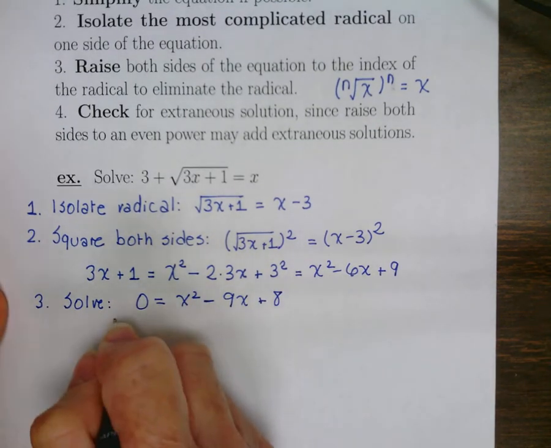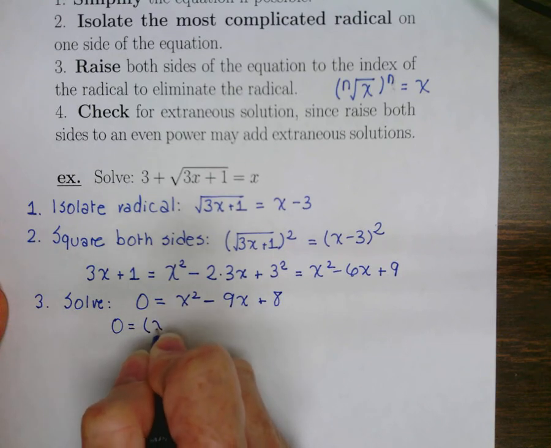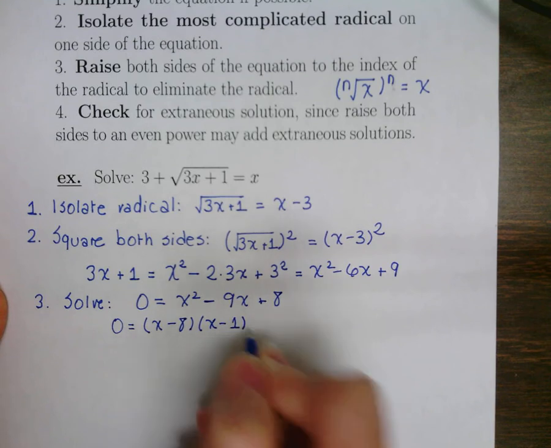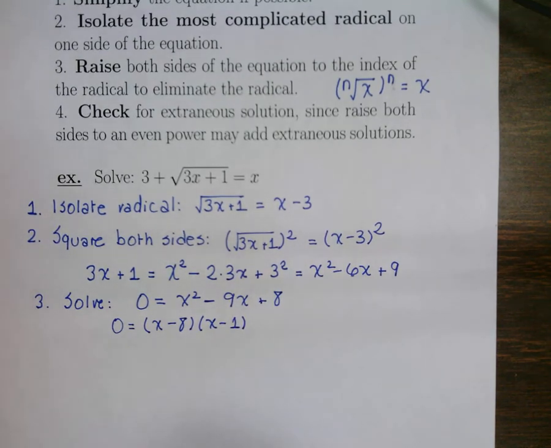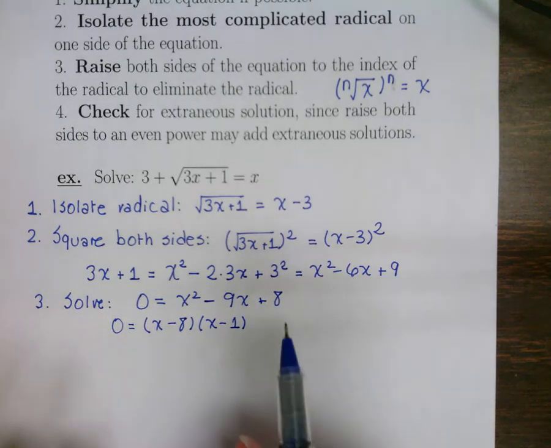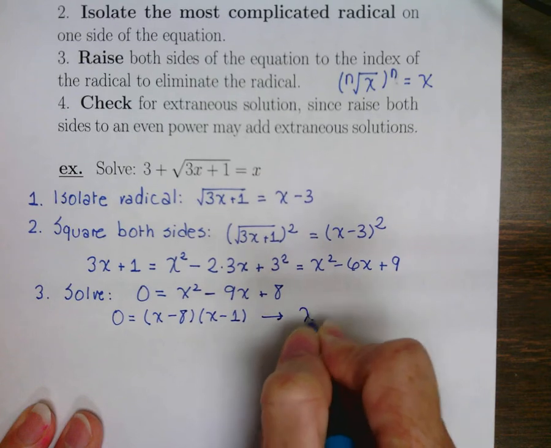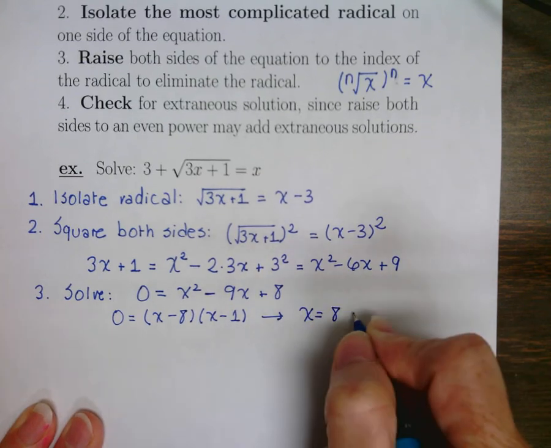And that's an equation that I can solve by factoring. If factoring doesn't work, I now have the quadratic formula that I could use, or completing the square if you were really ambitious, and solve it that way. But in this case, I can factor, so it looks like I have two options, x equals 8 or x equals 1.